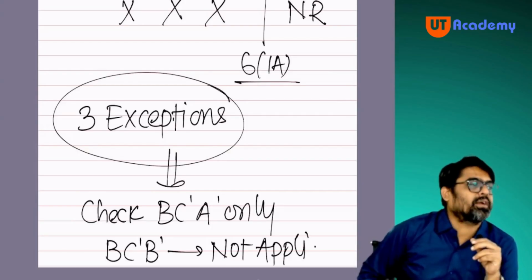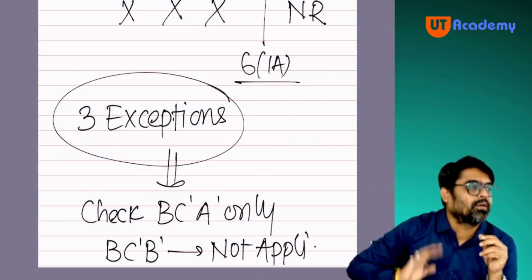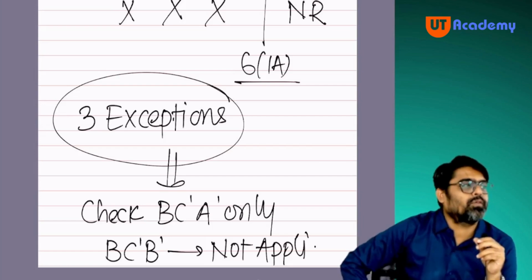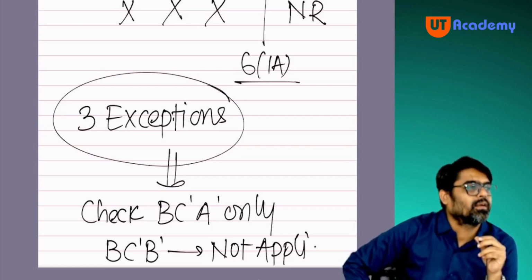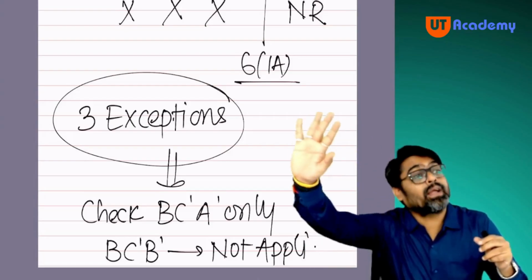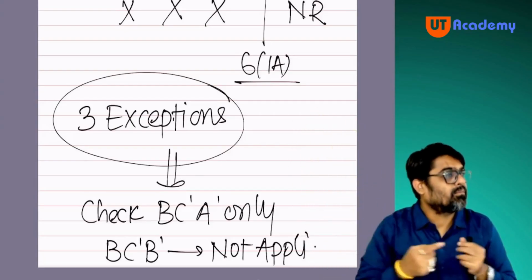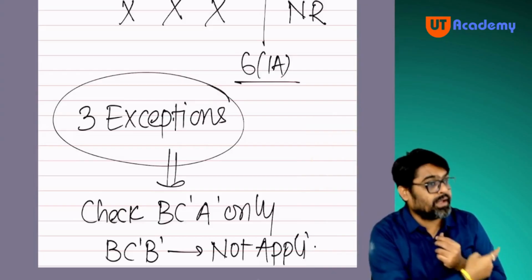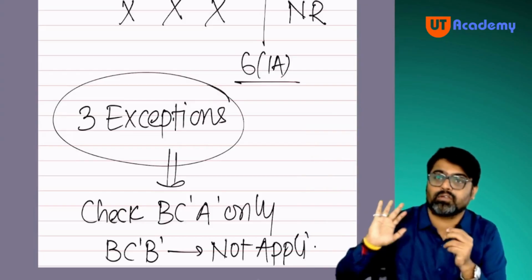If you fulfill basic condition A, you become a resident. If you don't fulfill basic condition A, then check B. In all the other cases, you will check B. But don't check it in these 3 exceptional cases which I am going to discuss now.